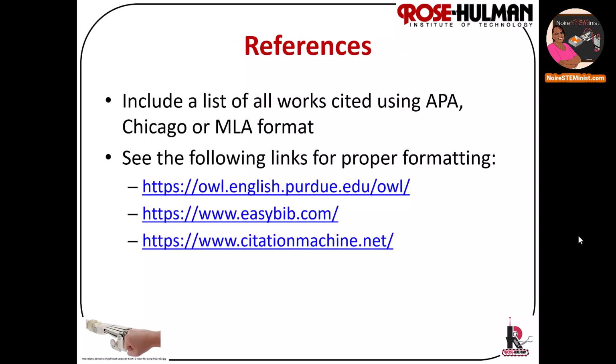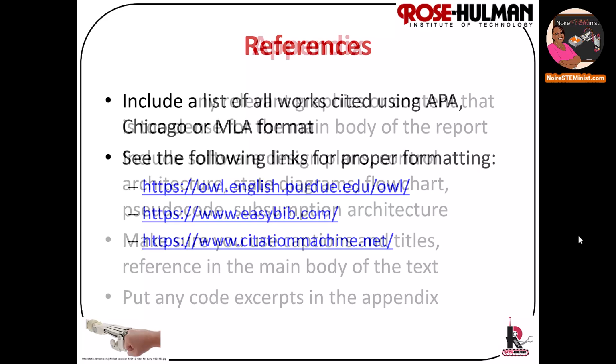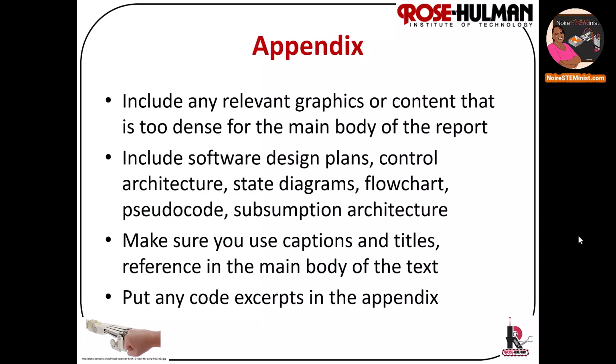And finally, once again, all references must be included at the end before the appendix, and they should be in a standard format such as APA, Chicago, or MLA. And then in the appendix, you would include any relevant links, graphics, content, images that are too large for the main body of the report, pseudocode, flowchart, UML diagrams.